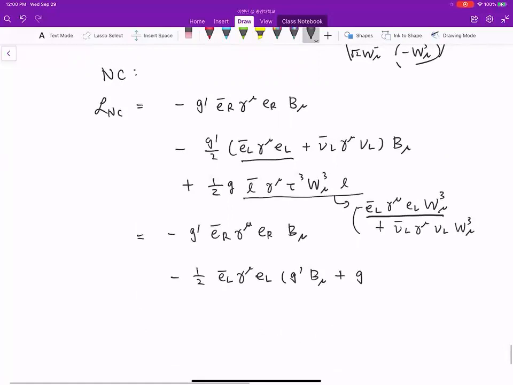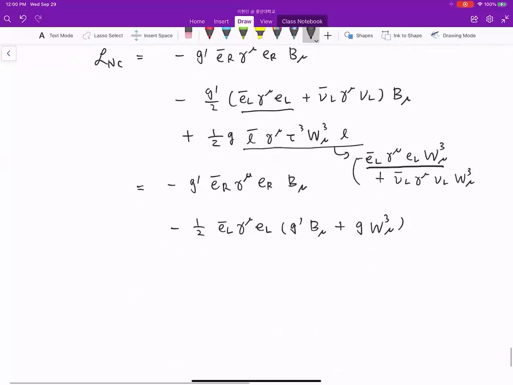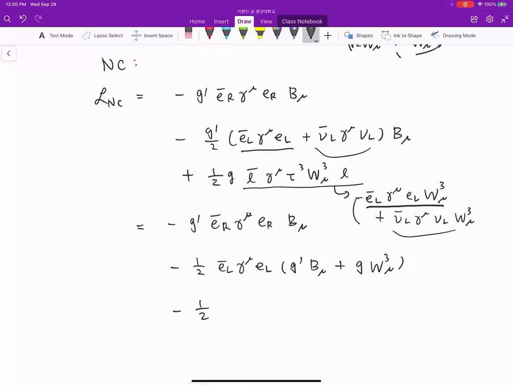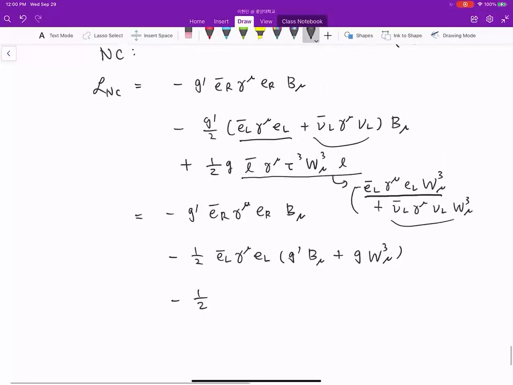So this one plus Z, W, and minus, and for the neutrino, we have another neutrino term, with a minus sign. I think this is everything.